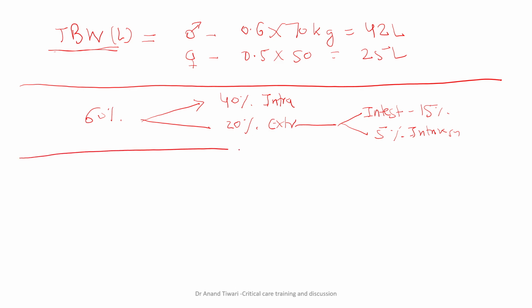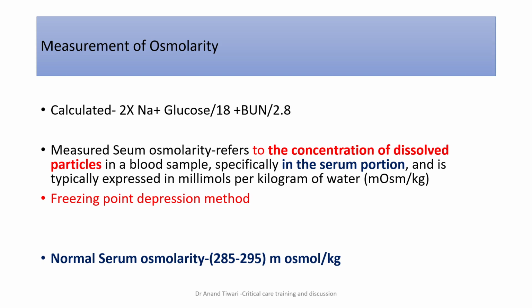So the third thing to understand is osmolarity. What is osmolarity? Osmolarity is the amount of solutes, or concentration of dissolved particles, in the blood sample, especially the serum portion, and it is expressed as milliosmol per kg. It can be calculated or sent to the lab. This we discussed in the ABG session as well.